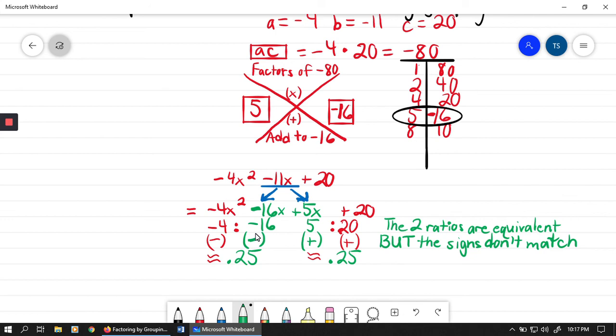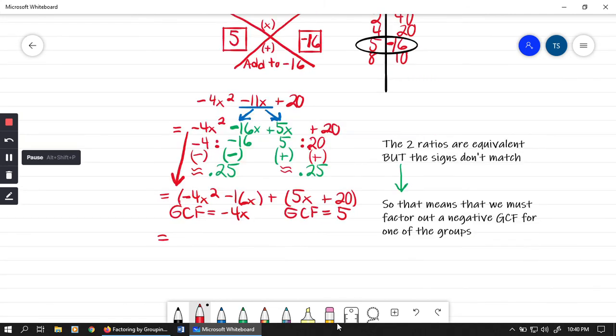But again, here are your signs. The two signs on the left for the first group are both negative. But notice how the two signs on the right for the second group are both positive. So you have completely different and opposite signs. When that happens, folks, you will have to factor out a negative number for one of those groups.